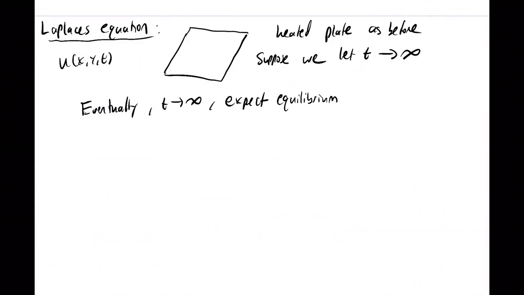So we expect that at a certain point, there's going to be some uniform distribution of the heat, and it's not going to be spreading out much more. By equilibrium, I mean that eventually the distribution of the heat won't change with time.